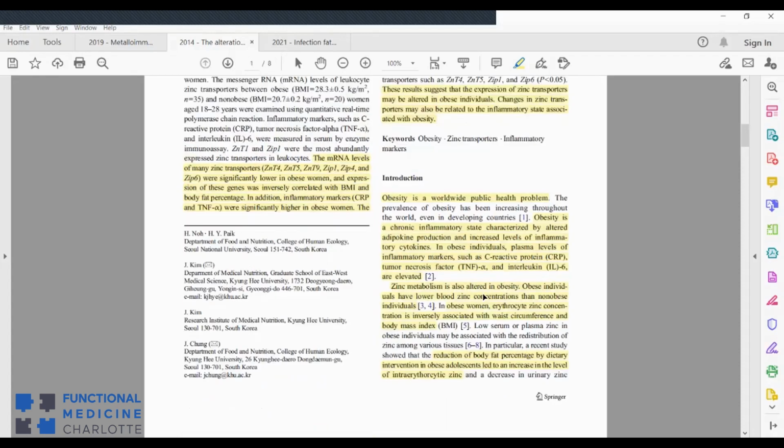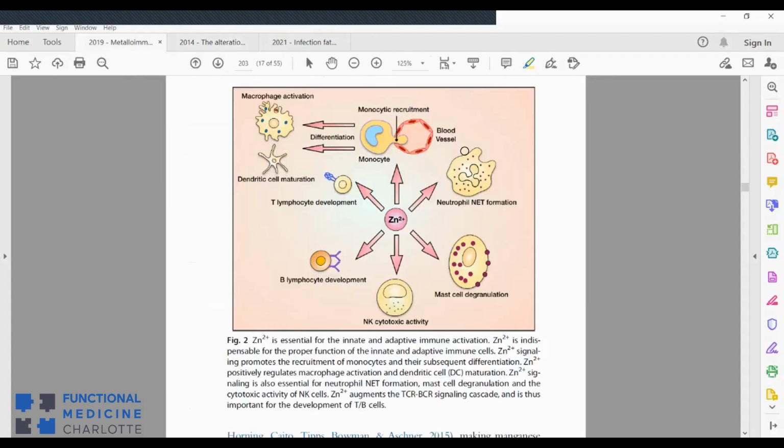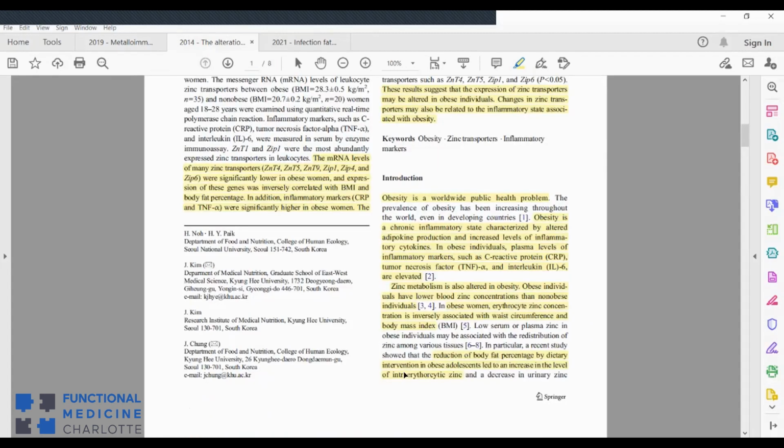Zinc metabolism is altered in obesity. Obese individuals have lower blood zinc concentrations than non-obese individuals. Okay, so if an obese person has lower blood zinc concentration than non-obese, then they'll probably put up a worse fight, all else the same, against a virus than the non-obese person.